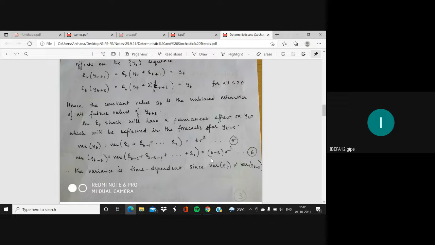Because of this, the variance is time dependent. And as you move further into the forecast horizon, for example if I calculated the variance of yt plus s, then I would have t plus s times sigma square, since I would have s additional error terms. So the variance would have increased by that much.